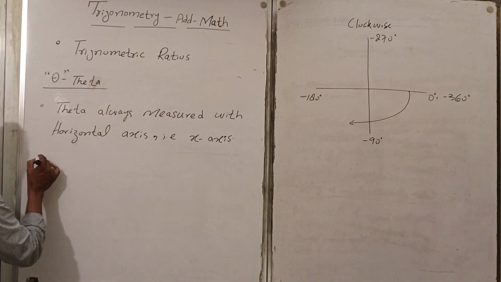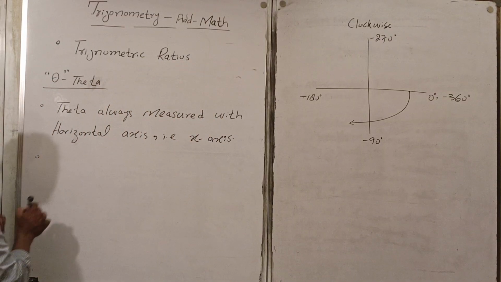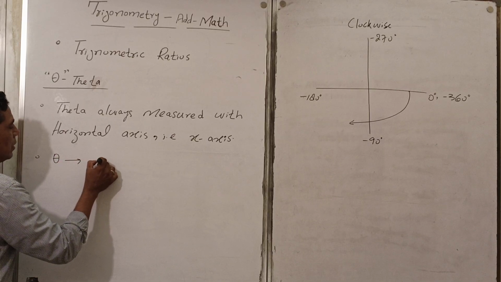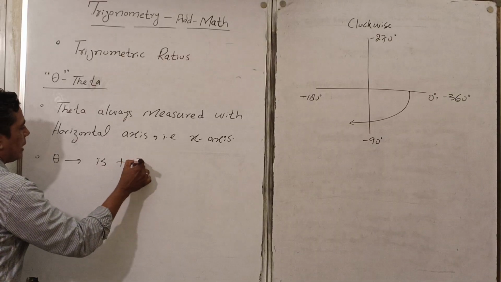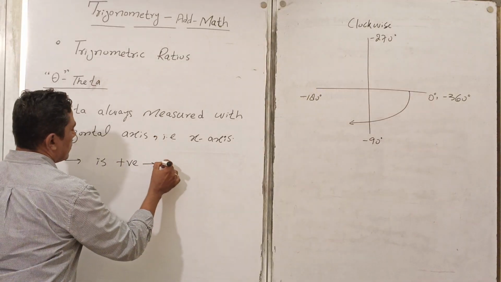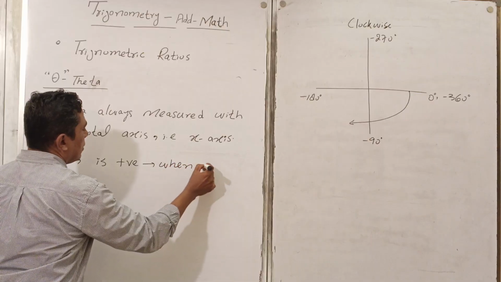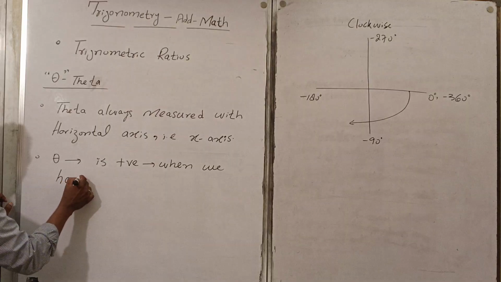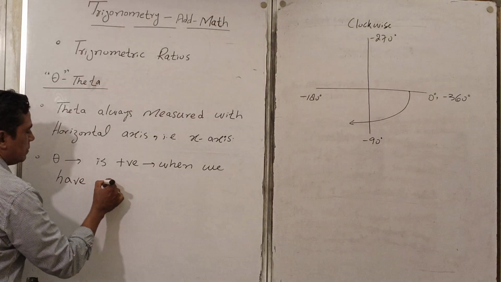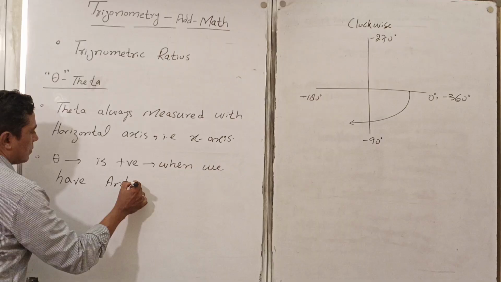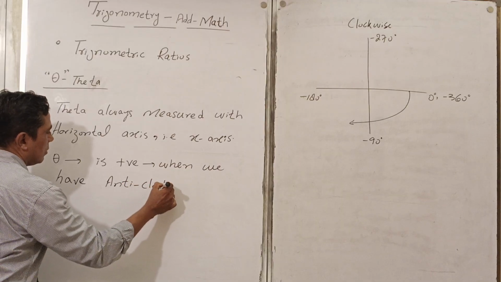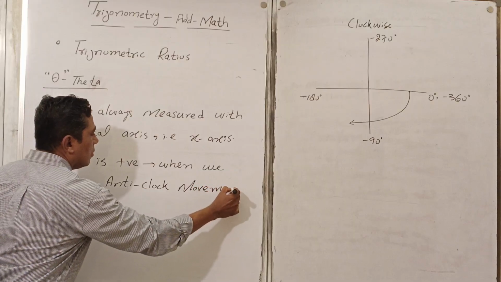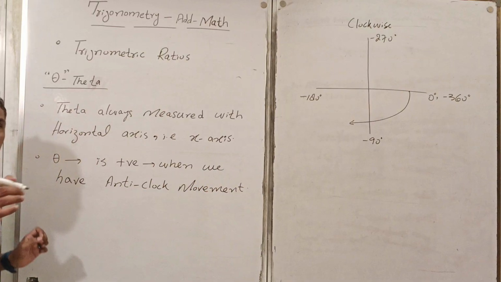And the second important property is that theta is positive when we have anti-clockwise movement. You got my point.